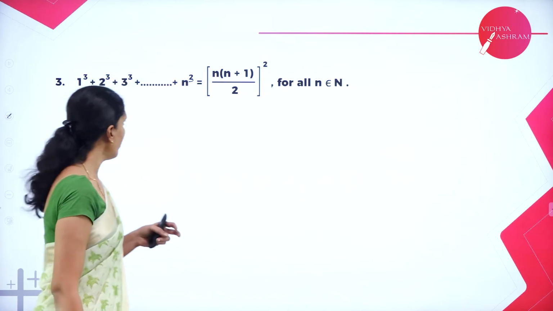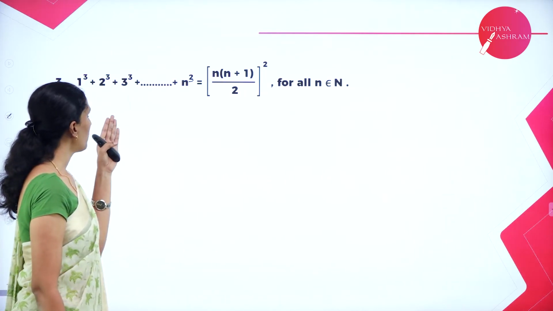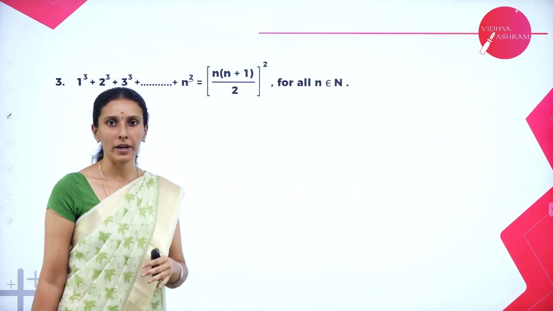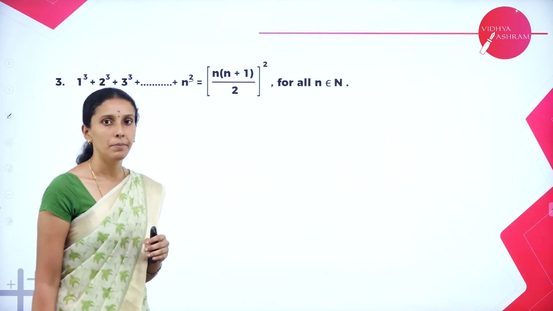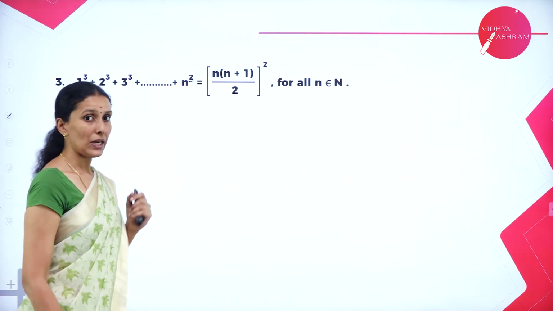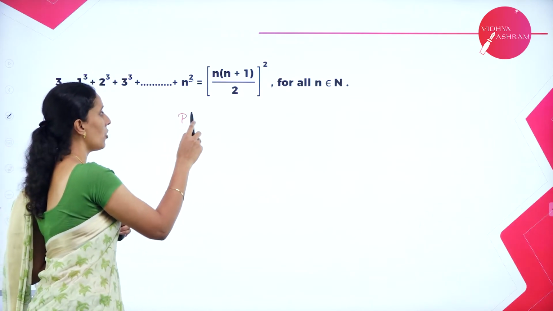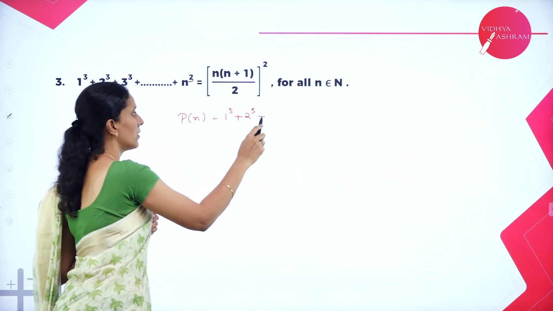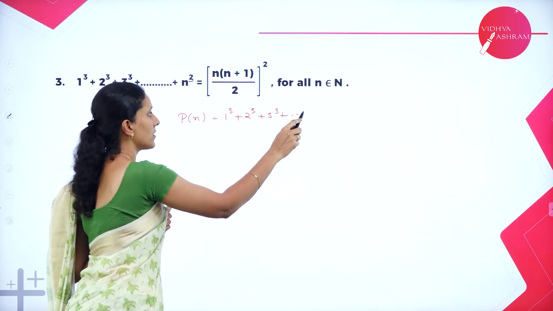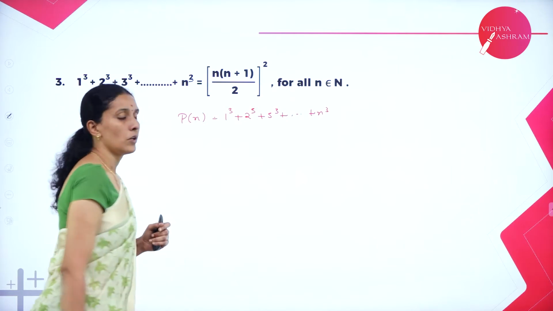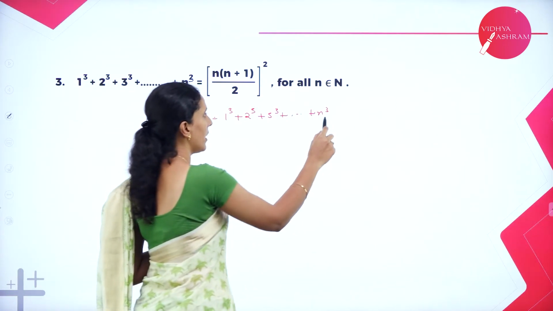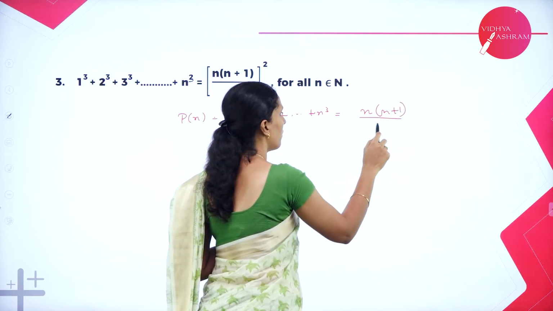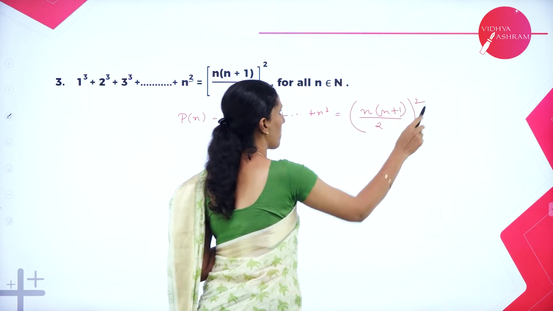Next question we have 1 cube plus 2 cube plus 3 cube plus etc. plus n cube is equal to n into n plus 1 by 2 whole square, for all n belongs to N. So let us take P of n is equal to 1 cube, 2 cube, 3 cube plus etc. plus n cube. On your right hand side it is n into n plus 1 divided by 2 whole square.